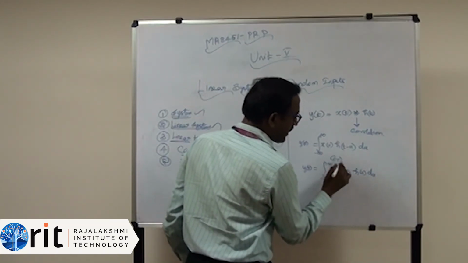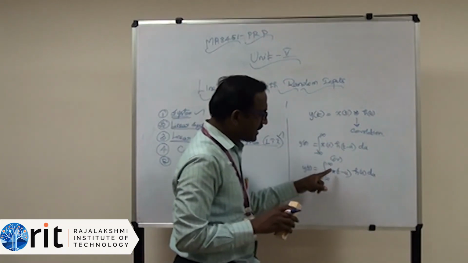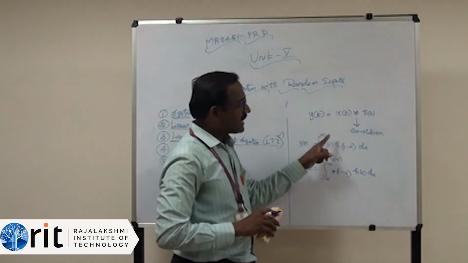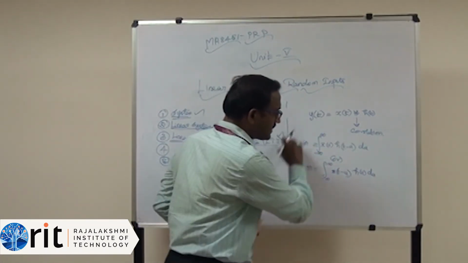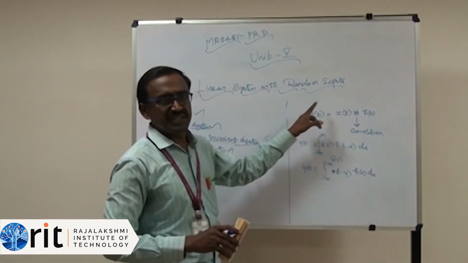So we replace one function's argument by t minus u and the other by u. That is the relationship with the convolution function.